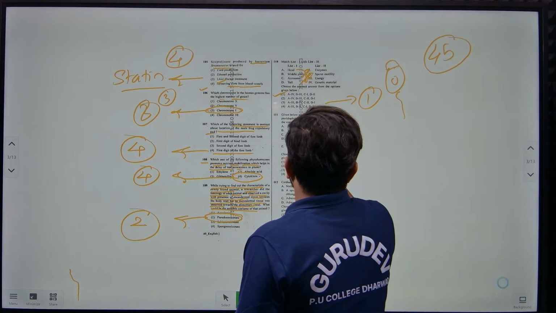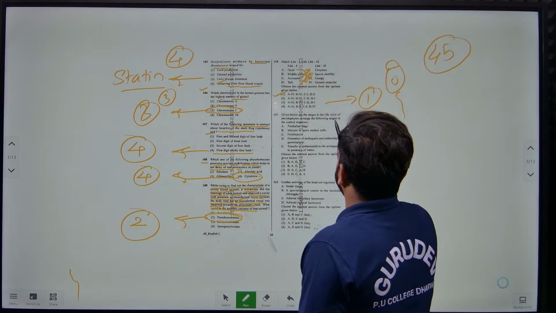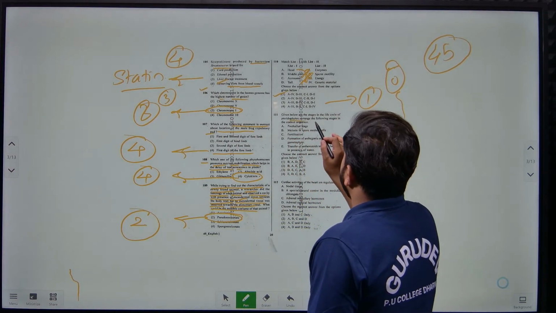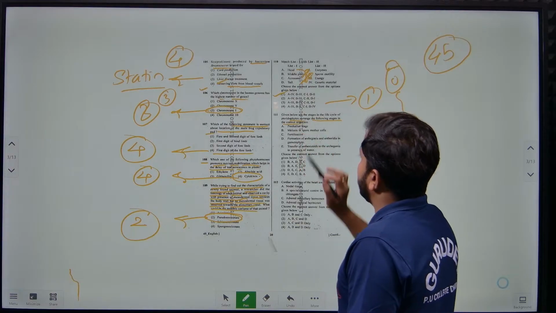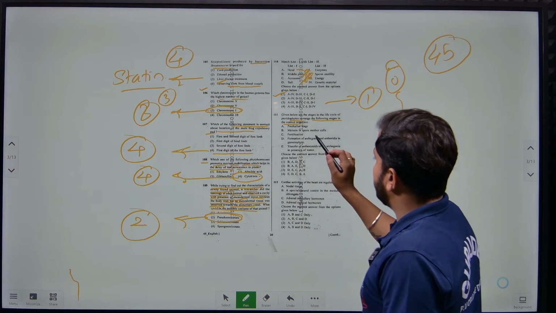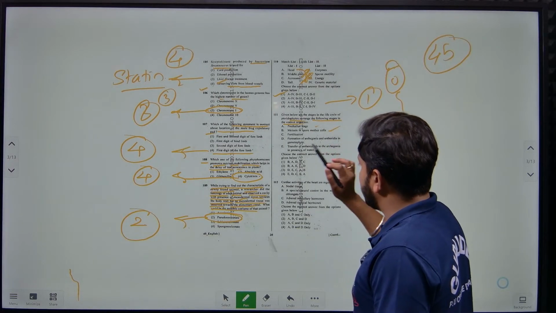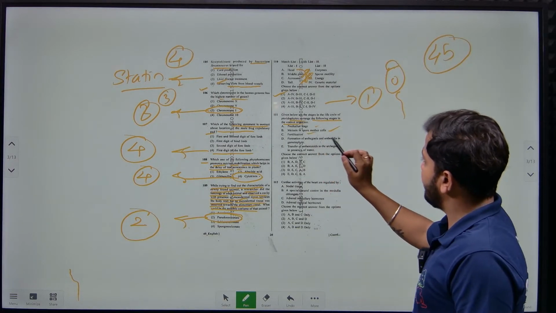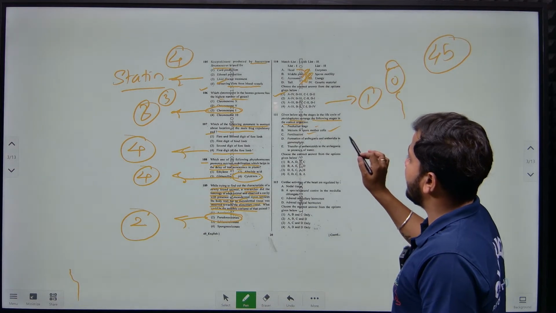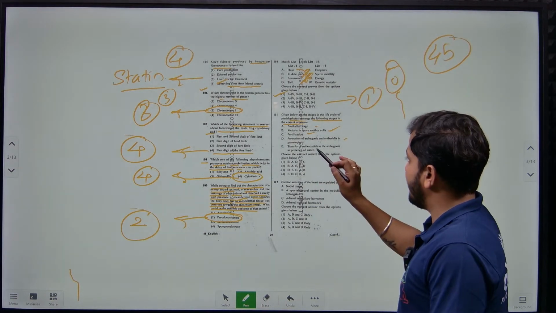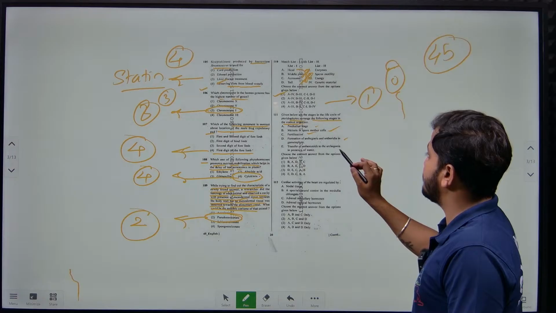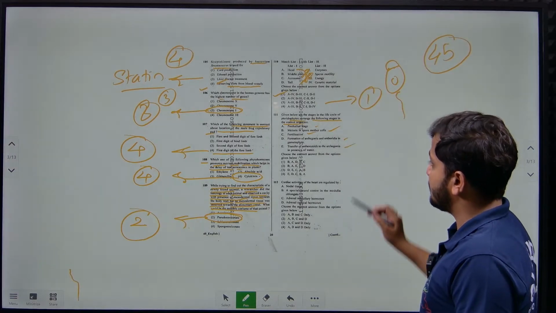Then given below are the stages in the life cycle of pteridophytes. Arrange the stages in the correct sequence. They have mentioned prothallus stage, meiosis in spore mother cells, fertilization, formation of archegonia and antheridia in the gametophyte, and transfer of antherozoids to the archegonia in the presence of water.